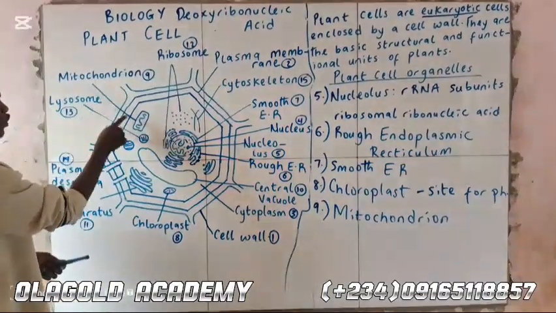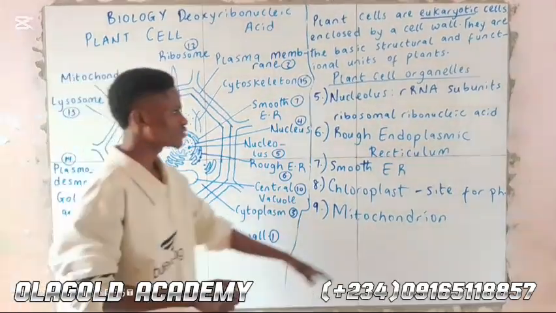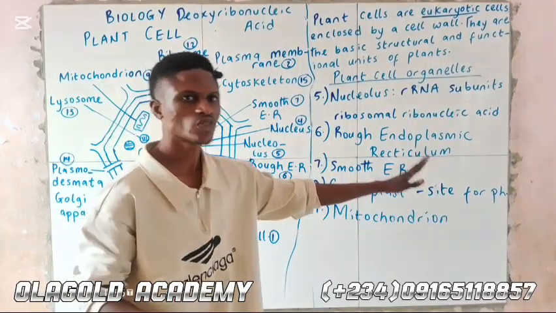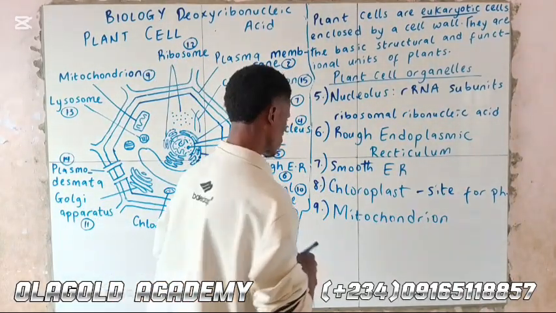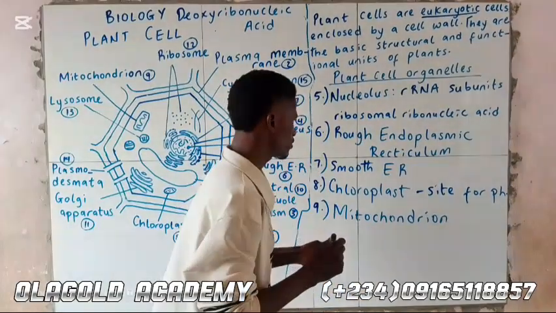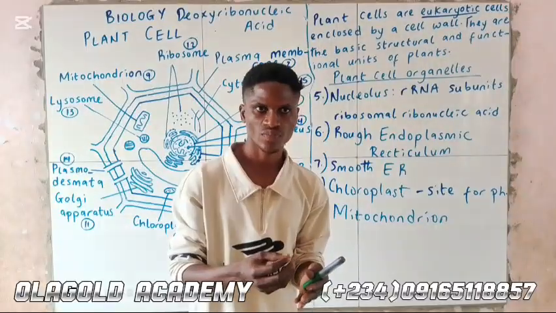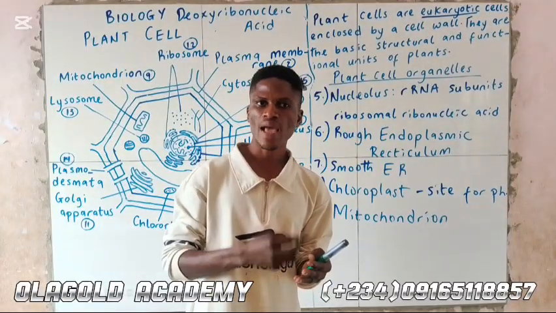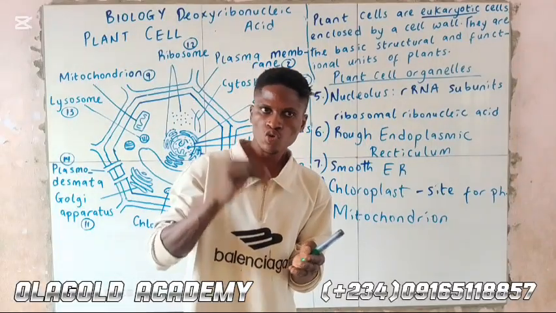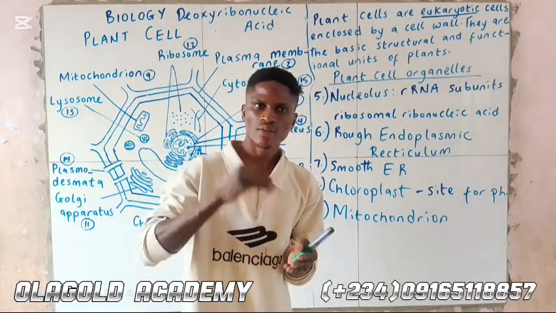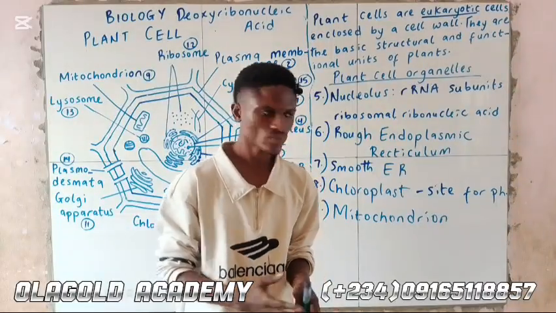The mitochondrion is what helps to convert that glucose into energy, known as the ATP. Remember that this chloroplast has chlorophyll, and that chlorophyll helps to produce glucose. That glucose produced cannot be used immediately or as it is.